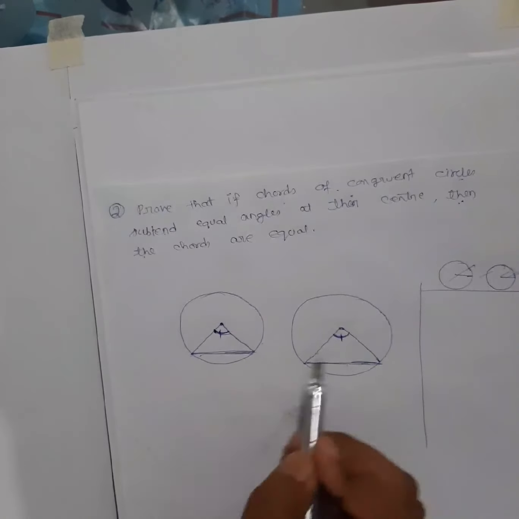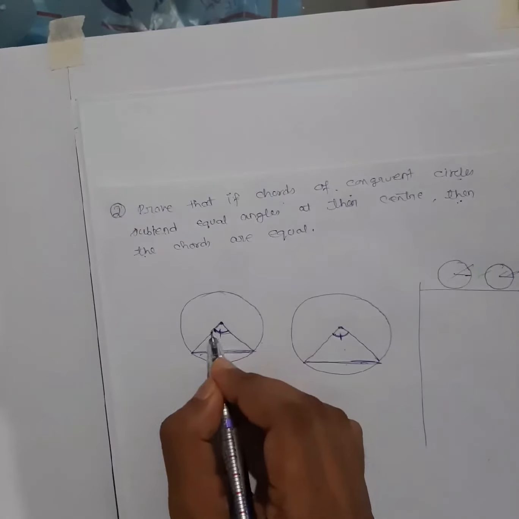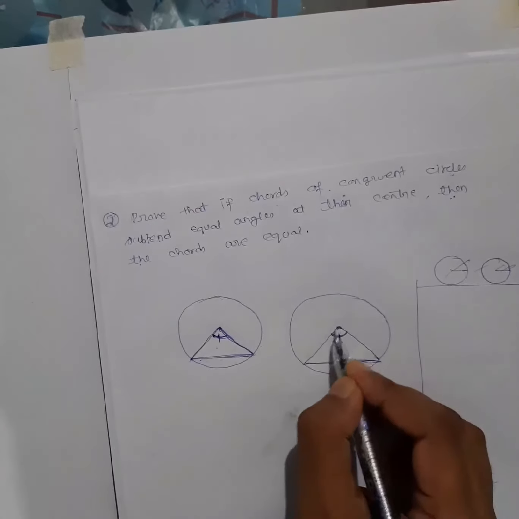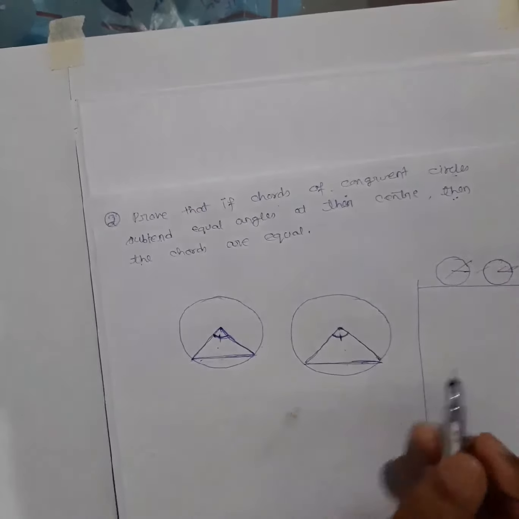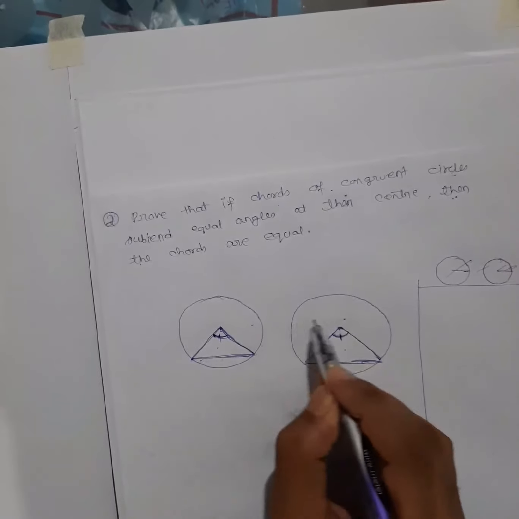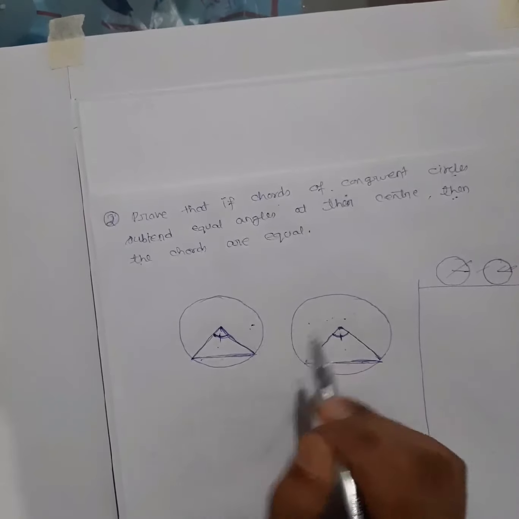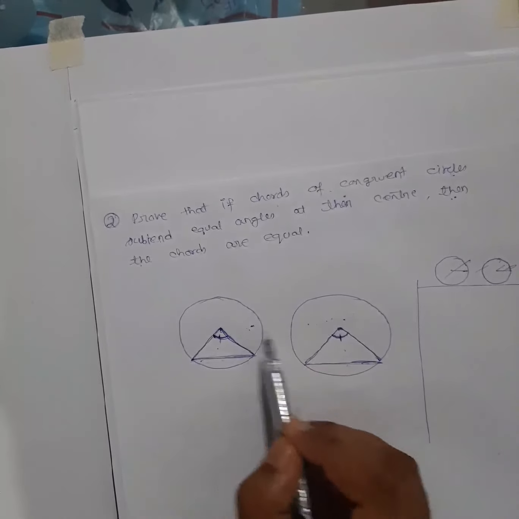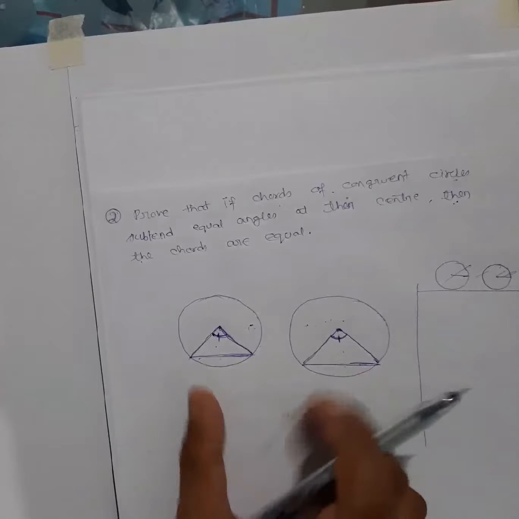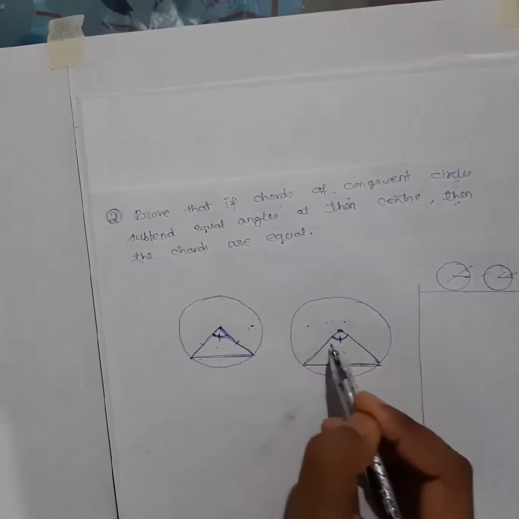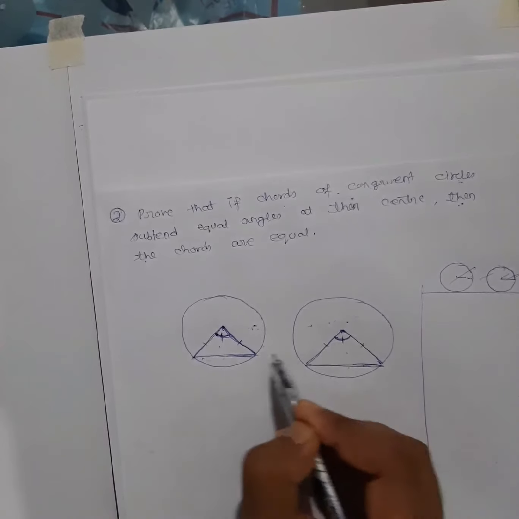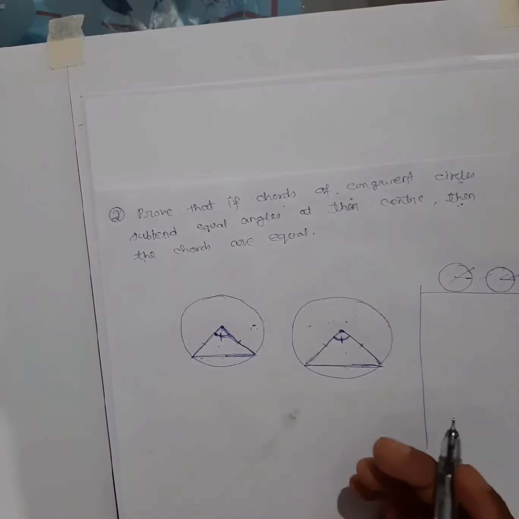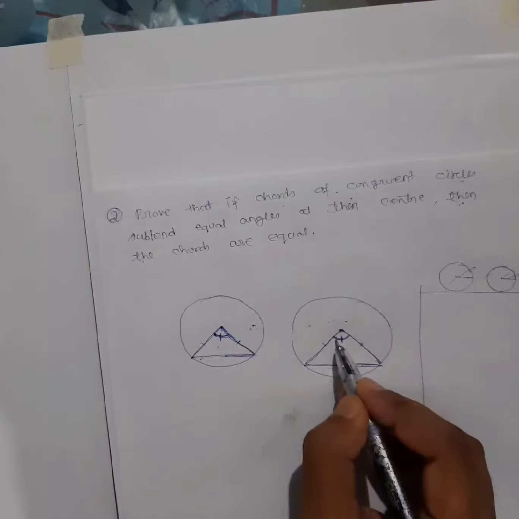Now if I look carefully at the diagram here, you can easily see that this side and this side are nothing but radius, and this side and this side are also radius. Now they have said these are congruent circles. Congruent means they are of the same size and same shape, means their radius also will be the same, otherwise they cannot be congruent, right? So if their radii are the same, can I use side angle side congruency and show that these are equal? So very simple question, this one.